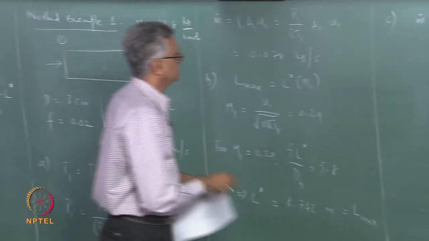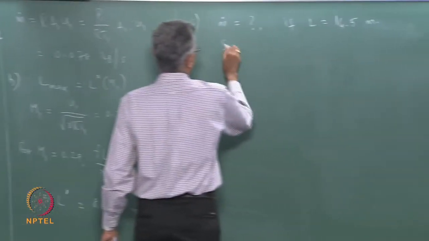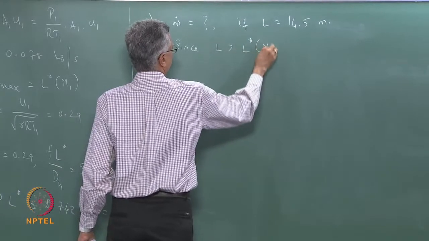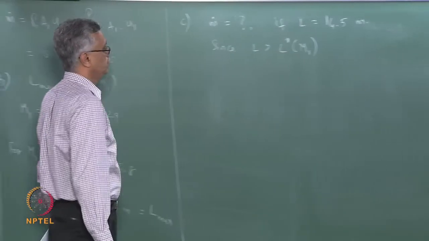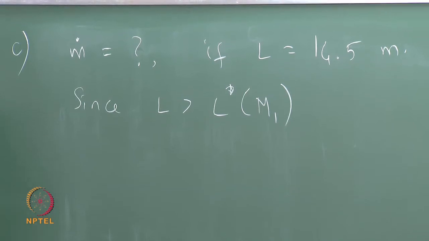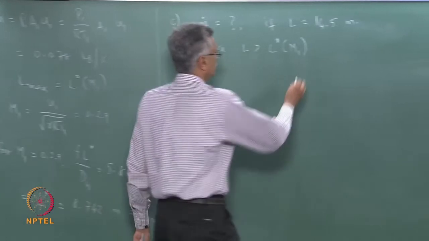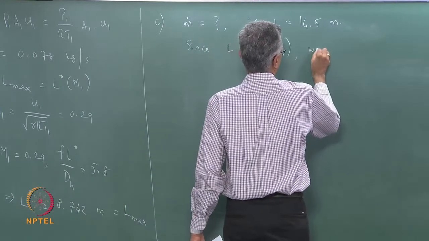So, now since L is greater than L star corresponding to M1, which is 0.29, we expect the mass flow rate to decrease and the inlet conditions to be different, right.